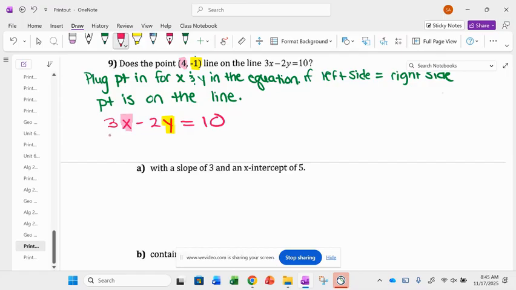So now I'm going to plug in 3 times x. Well, what's my x coordinate? 4. Minus 2 times y. My y coordinate is -1. And we want to know, does that equal 10?